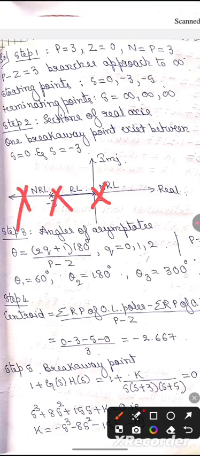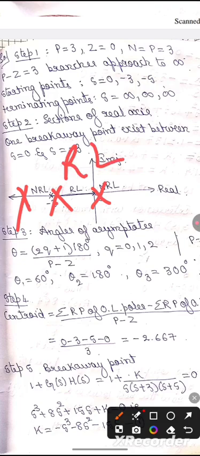If you see, from minus 3 to 0, if you hold a hand at minus 3, only one pole is visible. That is, the addition of poles and zeros should be an odd number, then only the root locus exists. So that's why we have written between minus 3 and 0 root locus exists, that is RL.